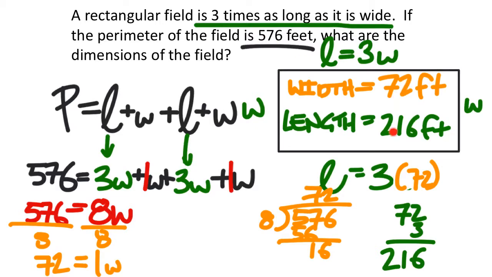So 72 plus 216, that'd be 288. And then you could just multiply that by 2, which would be 576. So everything about this problem remained true even after we found the answer. So we know that the width and the length that we found are correct.